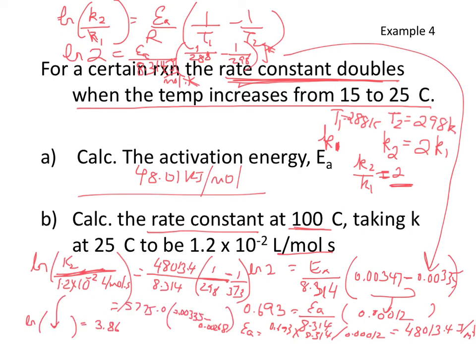And when you solve this, it's coming out to be 3.86 on my calculator. Since it is natural log on the left hand side, that means K2 divided by 1.2 times 10 to the negative 2 is equal to e to the power of 3.86.